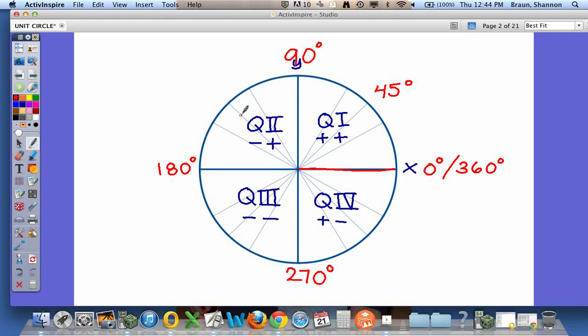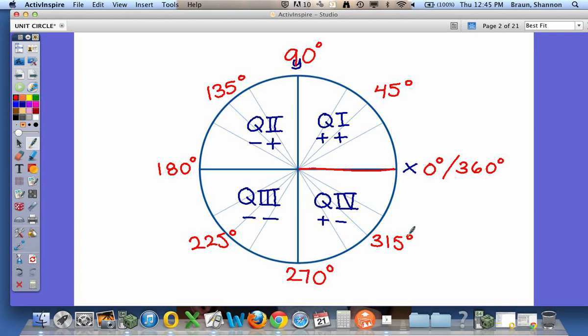So what would this angle right here be? 135. Then we're at 180. Another 45 degrees right here would put me at 225. Then 270, that makes sense, 225 plus 45 is 270. Then another 45 degrees to right here would bring me to 315. And then another 45 brings me back to 360.